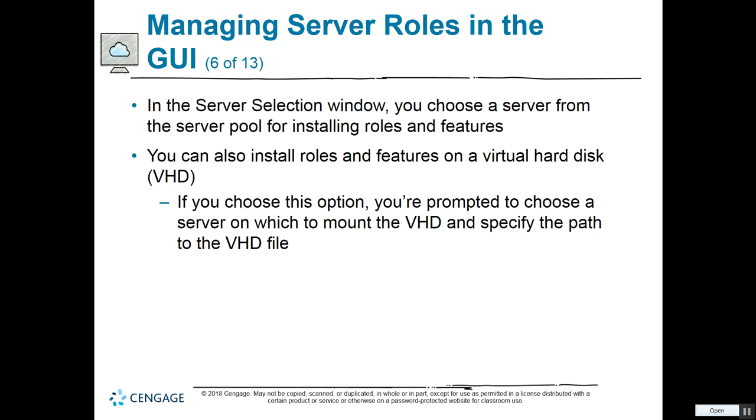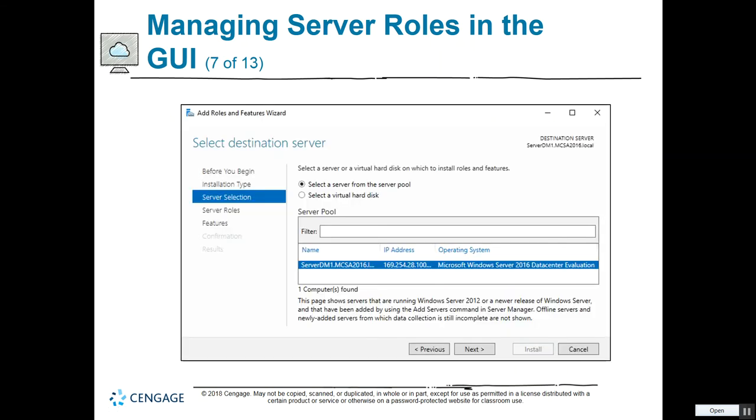Now, in the server selection window, you choose a server from the server pool for installing roles and features. So we can install them remotely, not just the one local machine. You can also install roles and features on a virtual hard disk. So here we'll go pick this server.